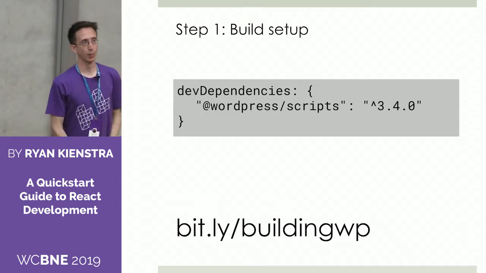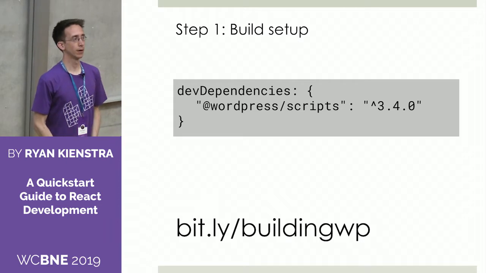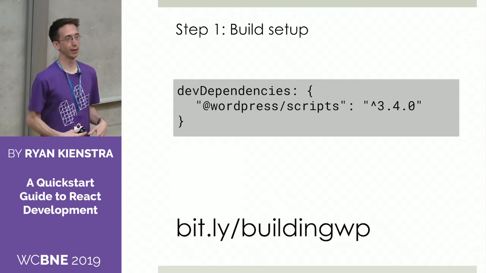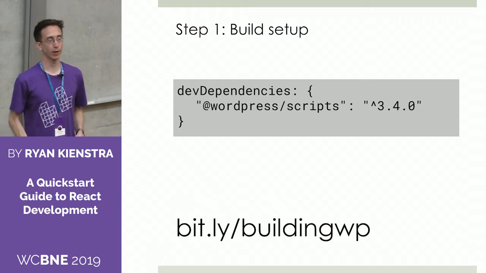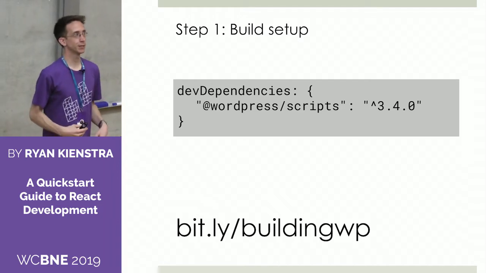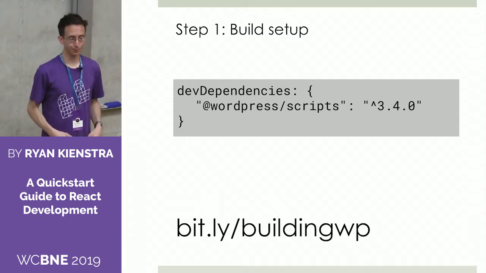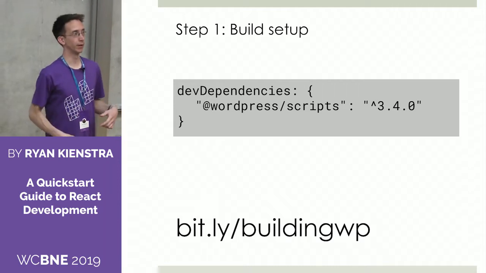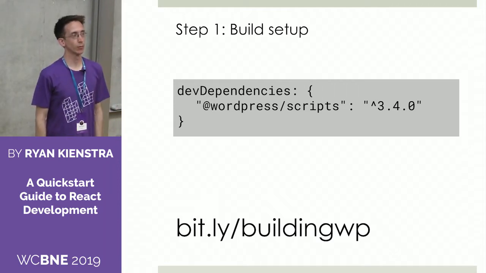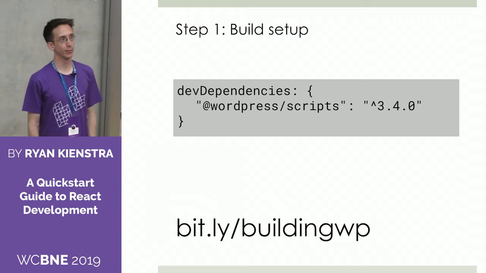First, we'll get a build setup running, and luckily Gutenberg has a really nice setup that you can use with this already, and I'd recommend using that. You could even change some of the configurations with this. You might be familiar with this already, but JSX will not render in a browser by itself.